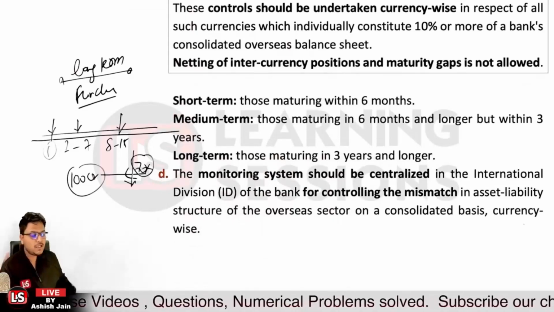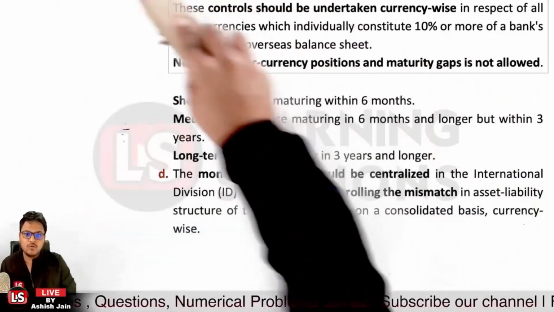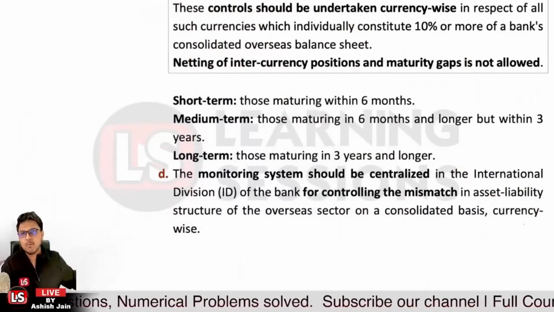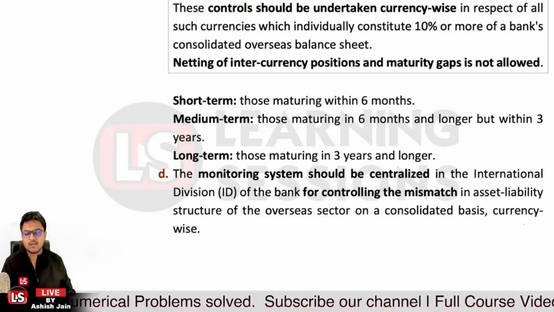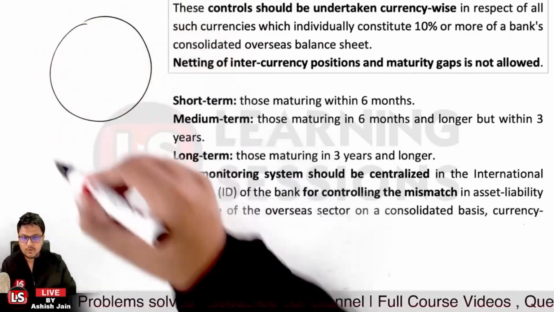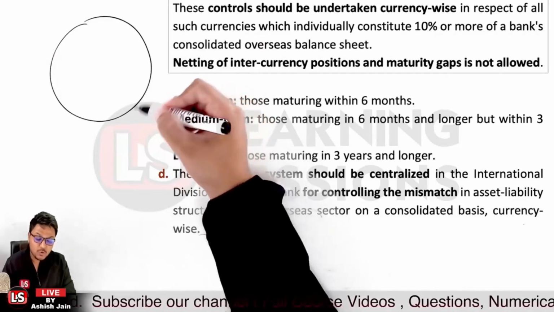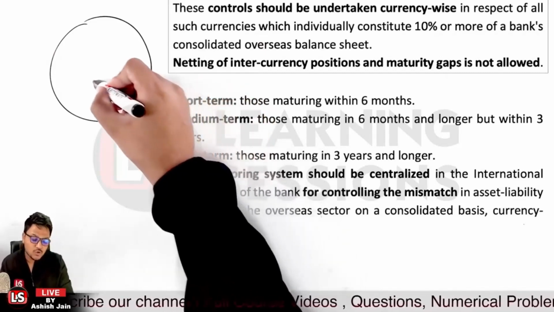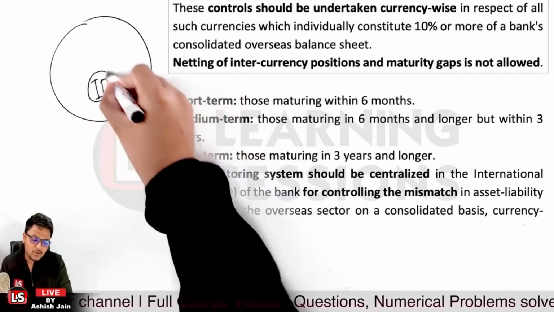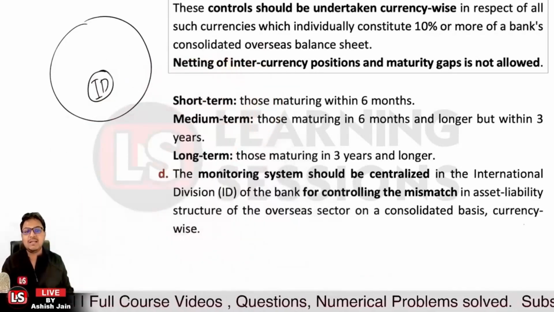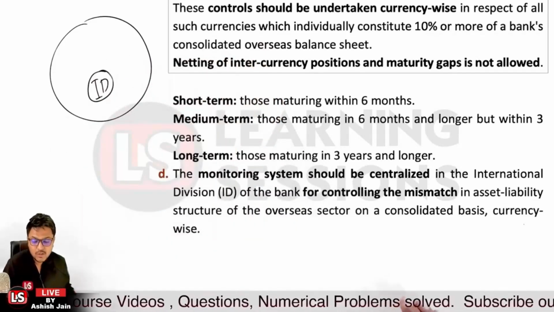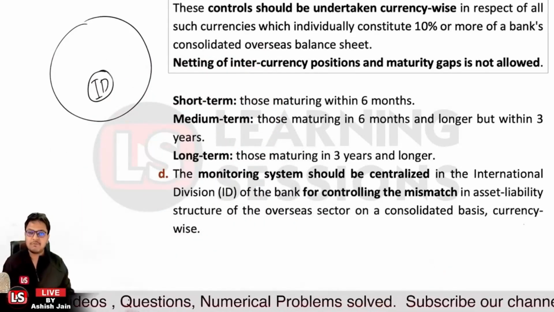Okay, then further it's related to ID, that is the international department. Whatever the monitoring system is, the bank must be monitoring the liquidity position. In case of overseas or foreign banks having branches in India, the monitoring related to liquidity risk management must be done by the international division of the bank, which must control the mismatch under the different time horizons.